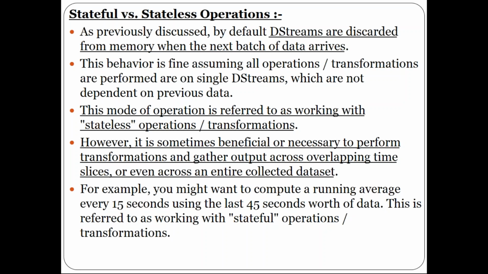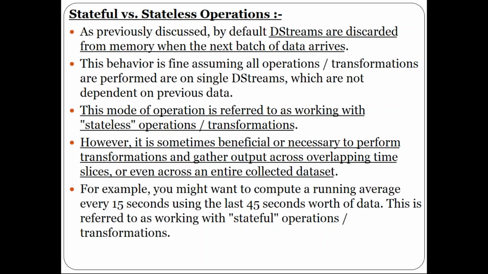When your Kafka topic is received, collected and transmitted, that is metadata information stored as the offset of each Kafka topic. Like that, your DStreams are discarded from memory when the next batch of data arrives. It only stores the offset data of that batch till the time it is processed.